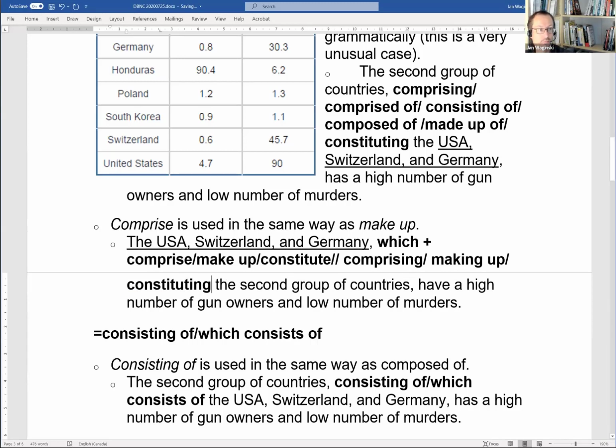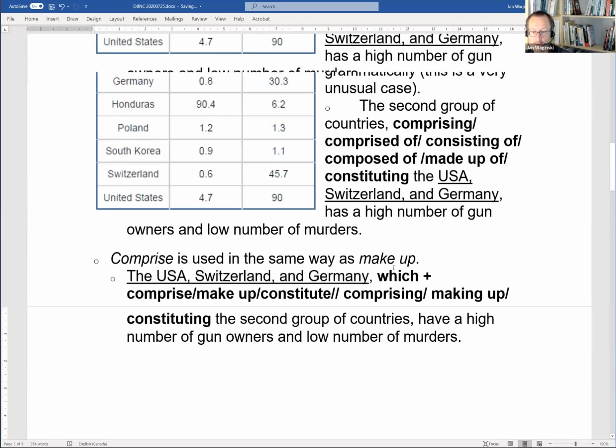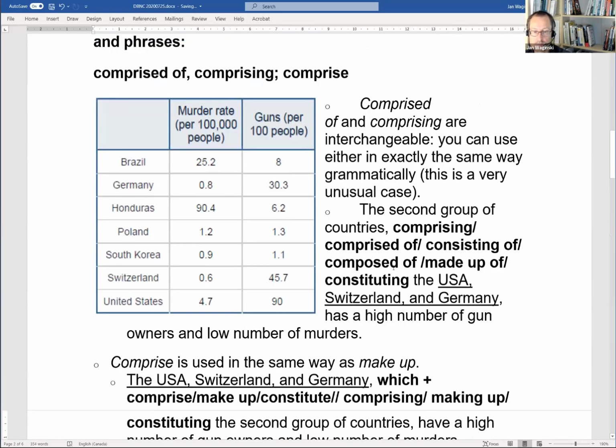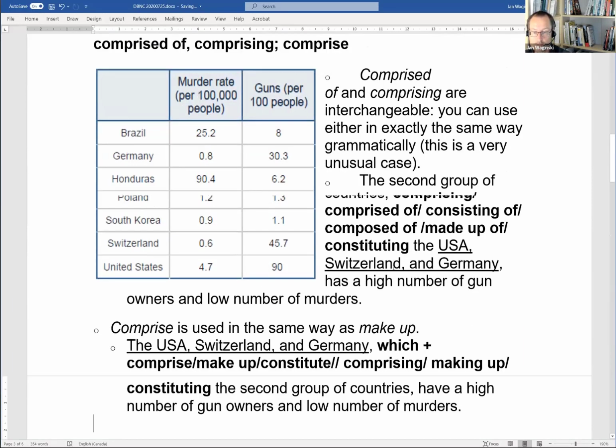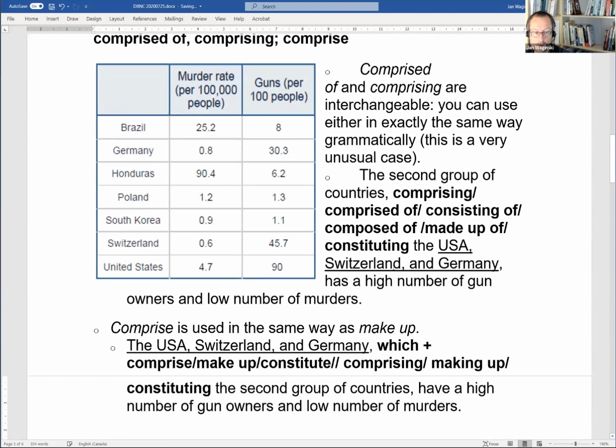Okay. All right. Any questions about these words? So every time you have to put a comma before which comprised of, or make up, or comprising, or constituting? Like we have to put a comma before it, and then we will start the new sentence.